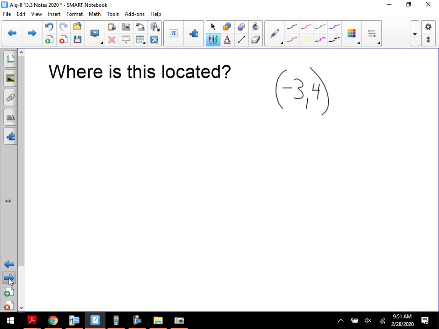Where is this ordered pair located? Correct, -3, 4. It will be on the board, yes, but second quadrant. Good. So, start XY grid. And we place it.